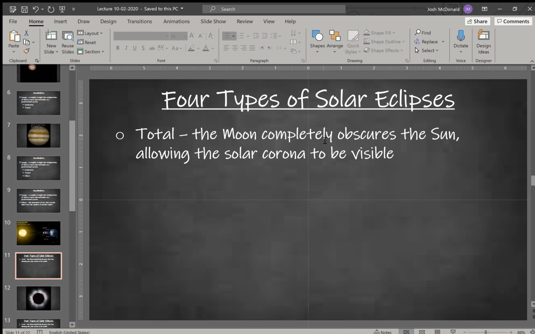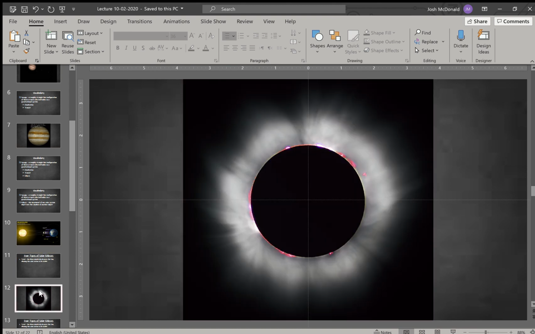When you have a full total eclipse, you see this part shining out, that is the corona. Here is the moon blocking the body of the sun, and then the corona becomes visible. So that is a total eclipse.